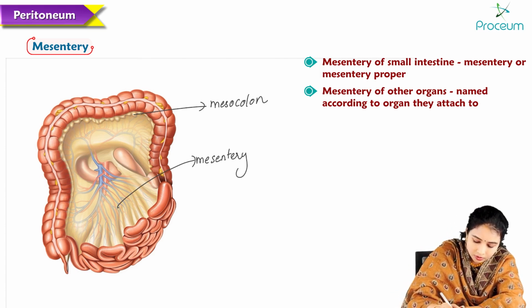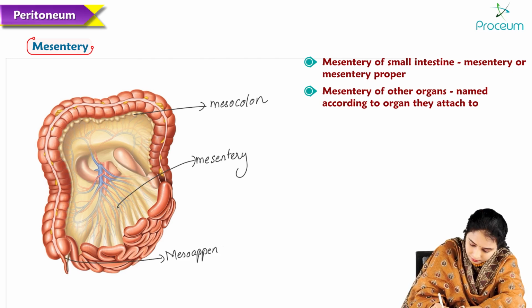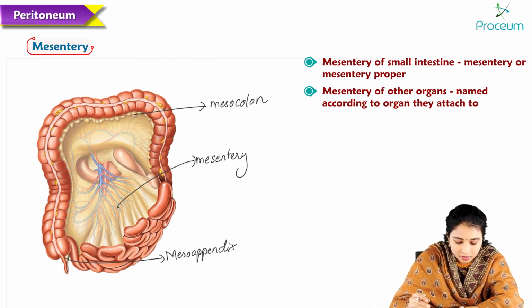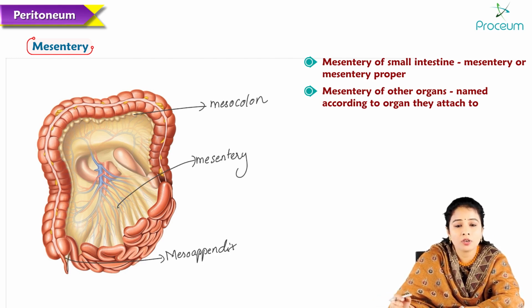So transverse mesocolon is this one, and this is the mesoappendix. So the mesentery of colon and appendix are termed as transverse mesocolon, or mesoappendix or mesocolon.